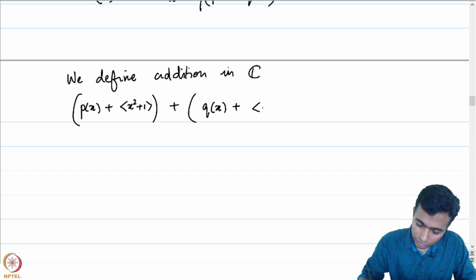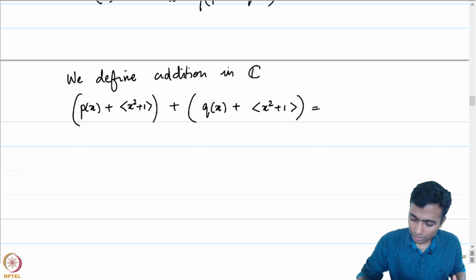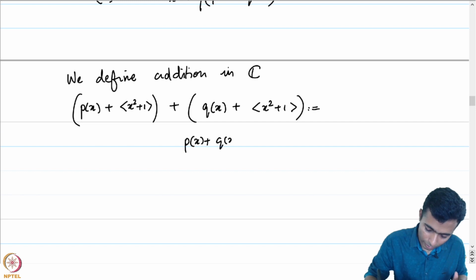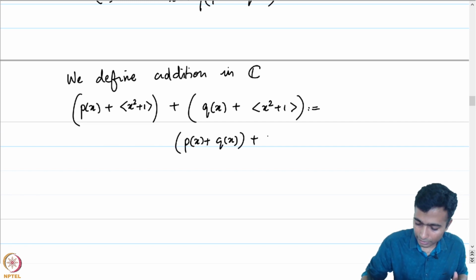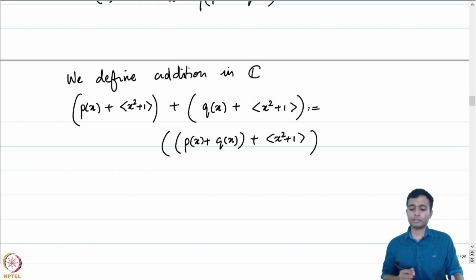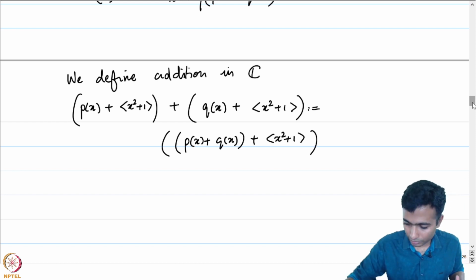So the two such cosets are added, the definition is basically p of x plus q of x, the coset represented by this polynomial. So this is the sum of two such cosets.